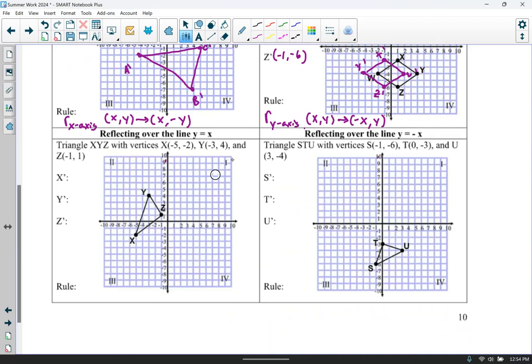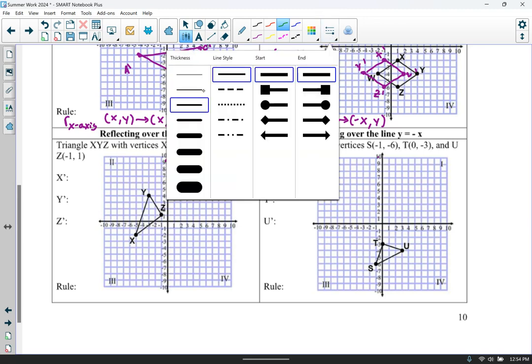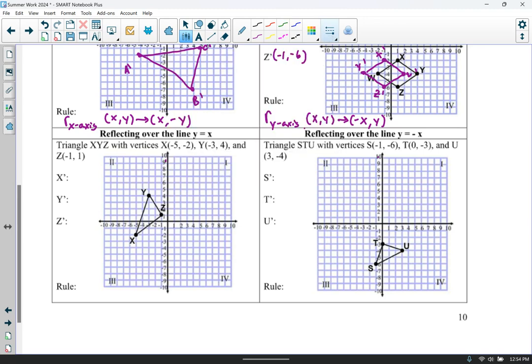Okay, so this one is a little different, a little tougher, because now we're reflecting over the line y equals x. We want to remember our line y equals x. Y equals mx plus b, that this line is going to go through the origin, and it has a slope of 1. So I'd start at the origin, and then a slope of 1 tells me go up 1 to the right 1, just like that.